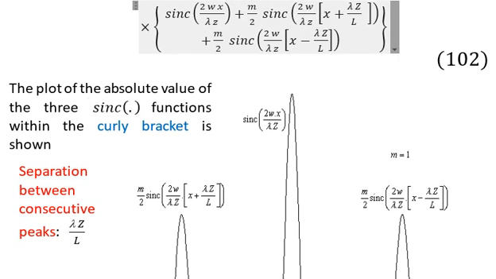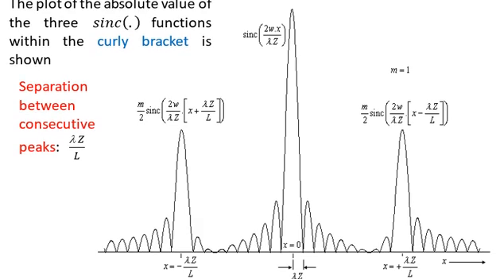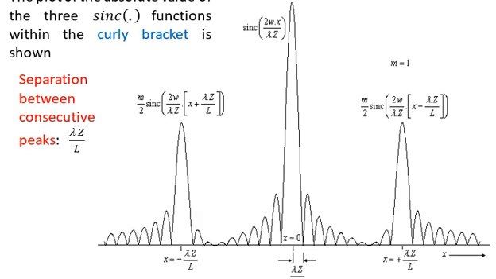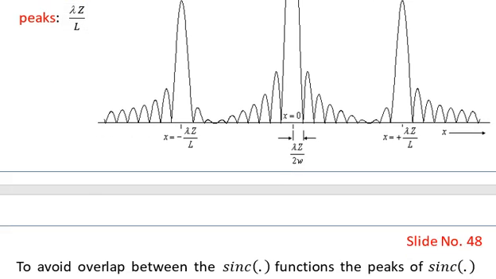So the plot of the absolute value of the three sinc functions within the curly bracket is shown in the figure. Separation between the consecutive peaks is lambda z over L. So you can see that the first peak on the right hand side is at a distance of lambda z over L from the central peak, and the leftmost peak is away from the central peak by a distance lambda z over L. These have also been shown in the diagram.